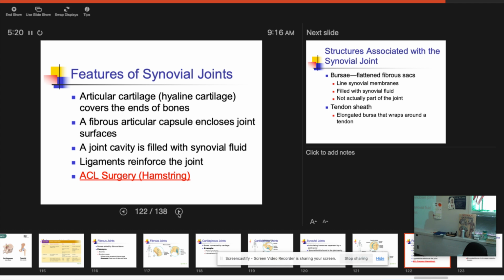The anterior cruciate, posterior cruciate, see them as well. And then this one that's on the inside would be the MCL, medial collateral ligament. And this one that's on the outside would be the LCL, lateral collateral ligament, right? And then it shows these pads.